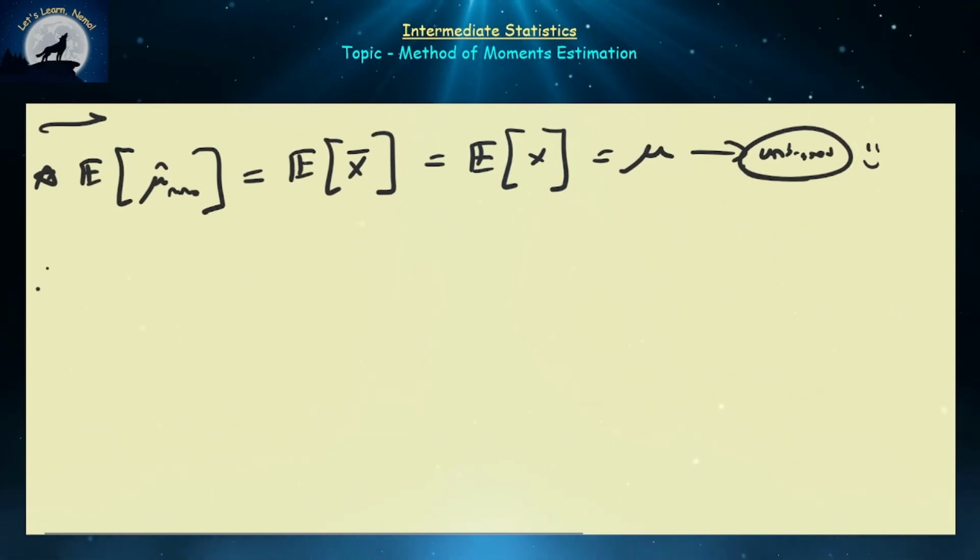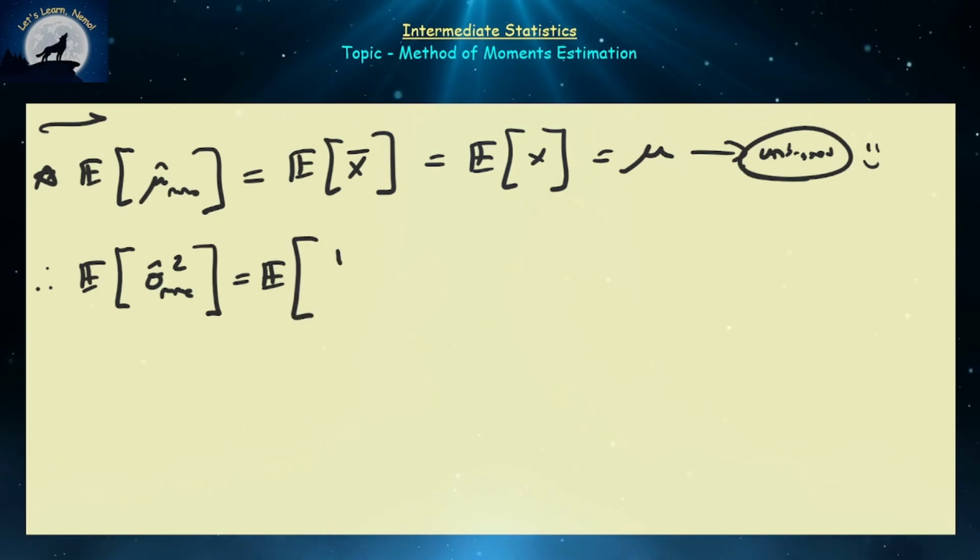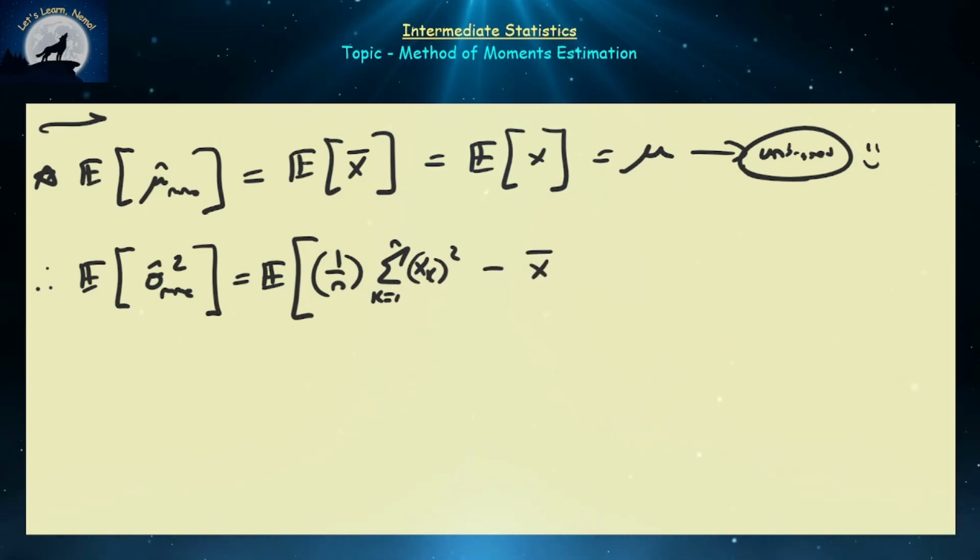So let's see if the sigma squared MME is just as nice, just like its counterpart mu hat is. So hopefully the expected value of sigma hat squared will be equal to sigma squared. Let's check that out. This is going to be equal to the expected value of 1 over n times the sum from k equals 1 to n of xk squared minus x bar squared.